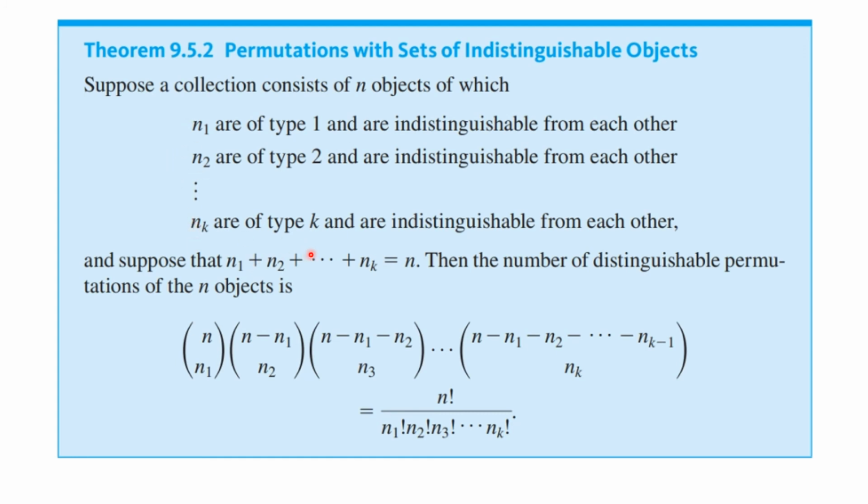Then you can go through the same argument as a proof, but if you simplify this, what you get is n factorial over n1 factorial times n2 factorial times n3 factorial dot dot dot n sub k factorial. And if you add up all those n sub k's, they add to n.